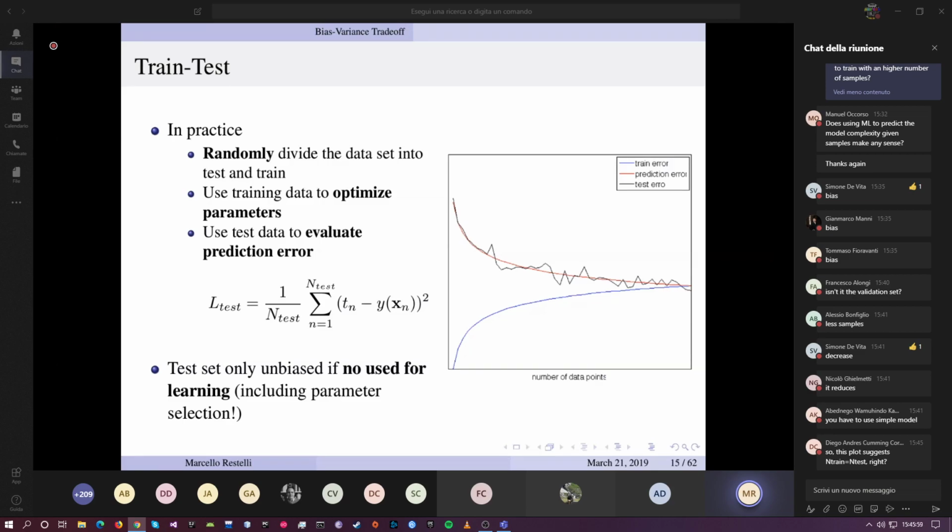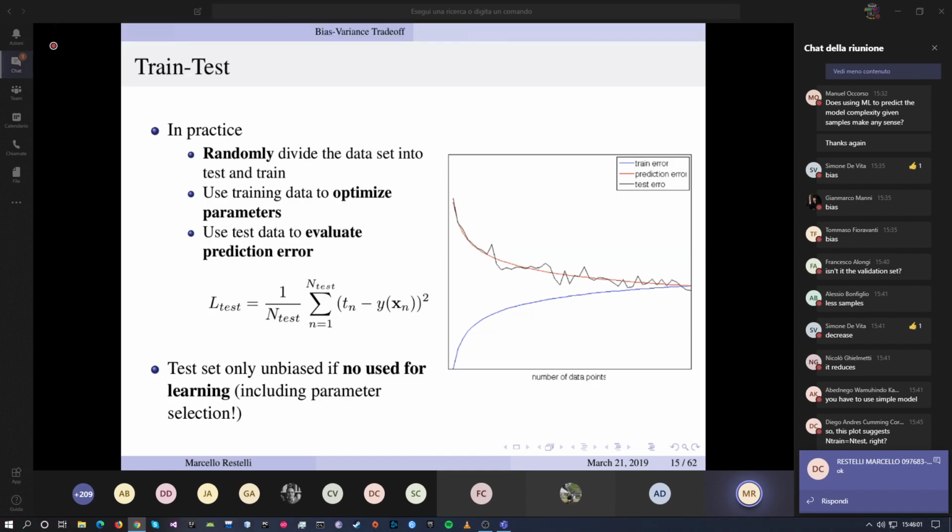We are only discussing the size of the training set, and we say that when the size of the training set increases, the train error increases, because the train error represents the bias, and the test error will decrease, because the variance disappears when the number of samples increases.